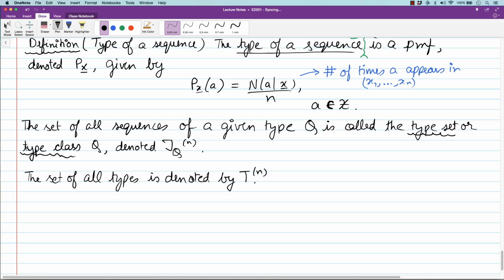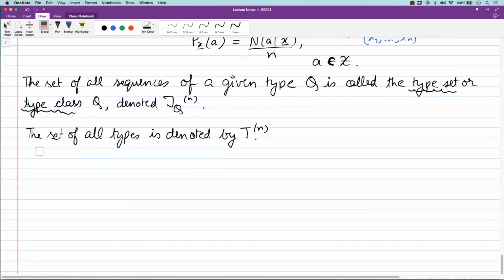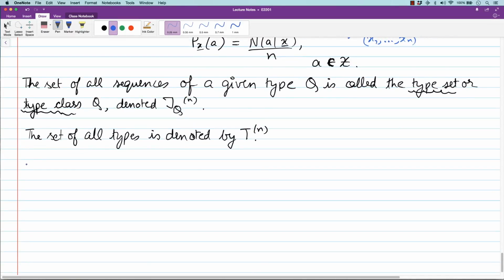Okay, so this type set Q has many properties. The first property of this set, which is a very important property, is that each sequence in this set has the same probability under any IID distribution. I'll just put it down as a fact.